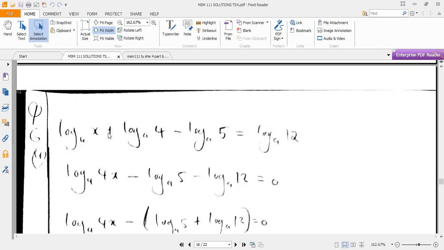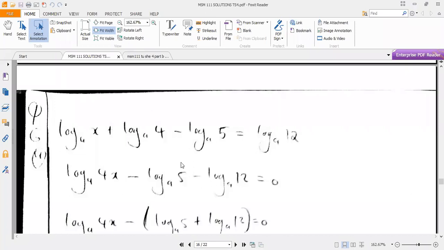So it will be 4 times x, that's why we're getting the 4x, and then we maintain the base. Log base A of 4x, then we also maintain minus log base A of 5. Then the log base A of 12, when it comes to the left-hand side, since it's positive there, it will be minus log base A of 12 equals 0.